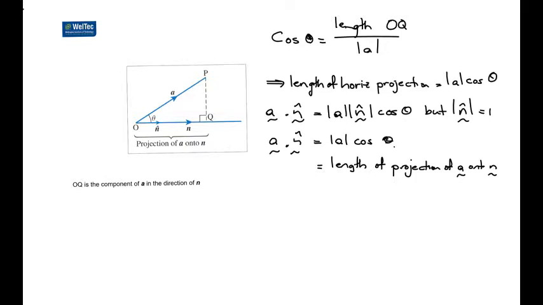So what we've got here is the horizontal component of the vector A in the direction of n.